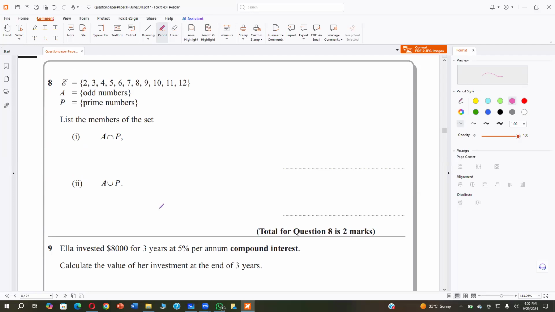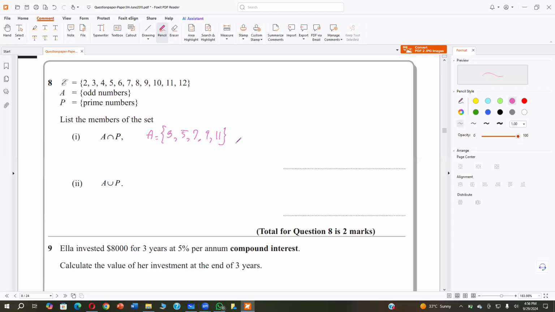Now A intersection P. A will be the odd numbers, so it will be 3, 5, 7, 9, 11.